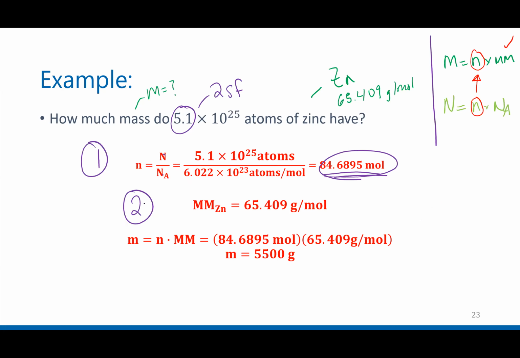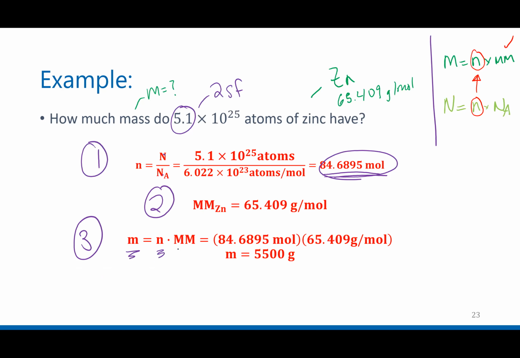Step two, arguably you might say, okay, well, we got moles, we can do this problem, but really you're still not ready because you need molar mass first. So step two, get your molar mass of zinc. And then in step three, put it all together.